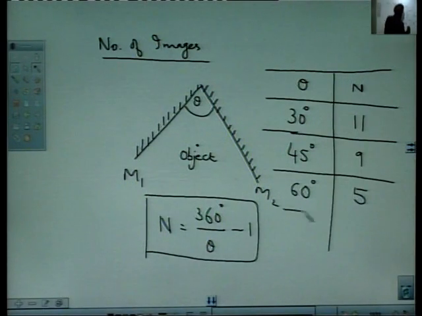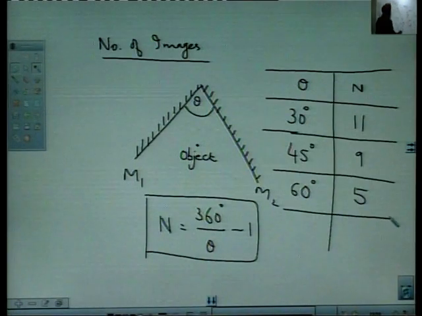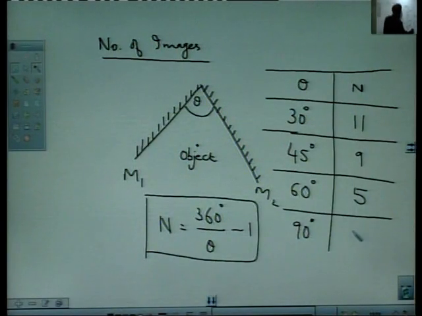If we have angle 90 degree, then we will have 4 minus 1, 3. So, depending upon the angle, we can find the value of the number of images formed in the case of 2 mirrors.